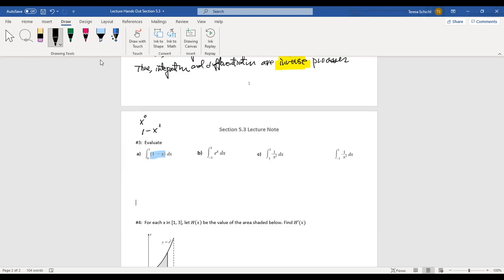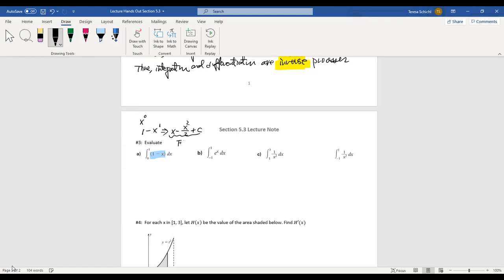So the antiderivative of this will be x minus x squared over 2, then plus c here. So this will be the antiderivative.